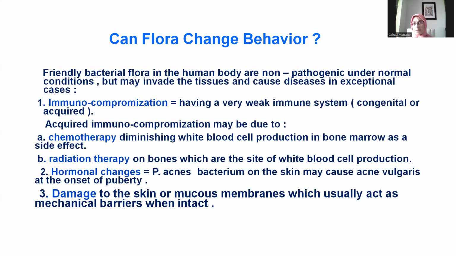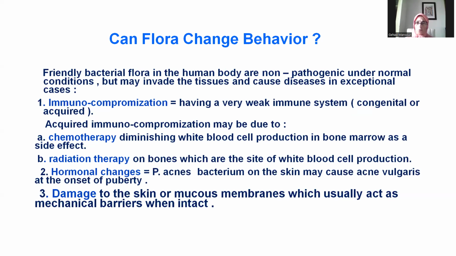If you are given chemotherapy, it circulates in blood and will kill most of your white blood cells, whether the ones inside the bone or the ones in the peripheral blood, and therefore it causes immunocompromisation. Radiation therapy will also do the same thing if it is radiation on bones. Radiation therapy does not circulate in blood. It's like high energy rays that are directed towards a particular organ.